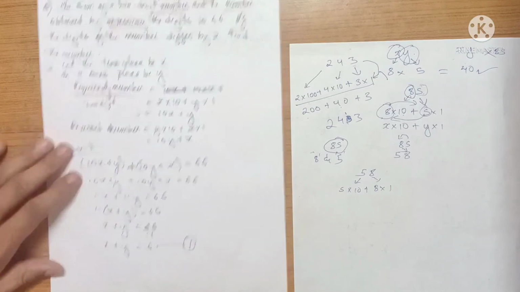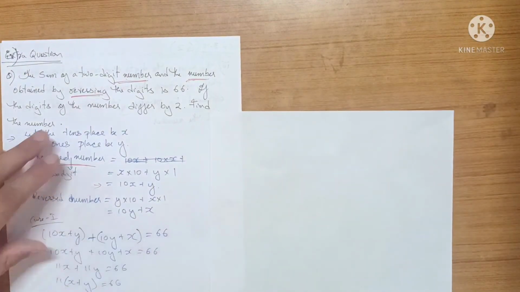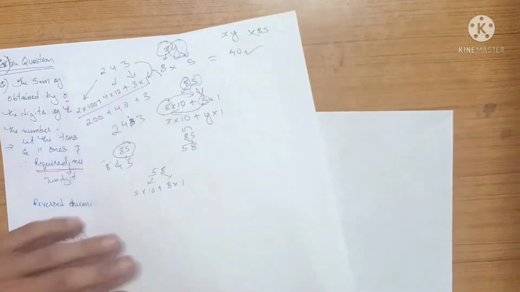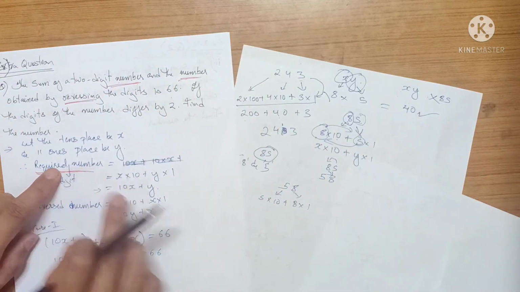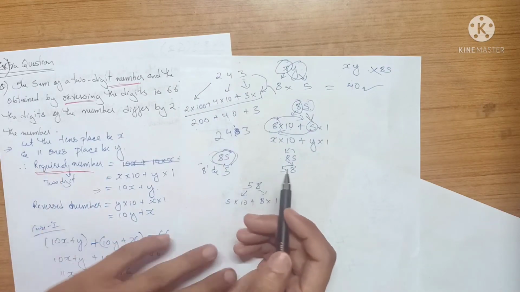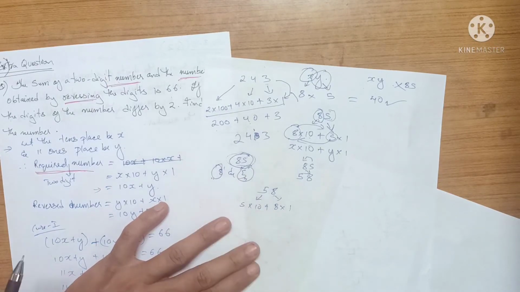Now for equation 2, they're saying if the digits of the number differ by 2. See, I've already told you, whenever they say number, it means the whole thing, the two-digit number, like 85. But when they're saying digits, it means the separate digits. Got it?